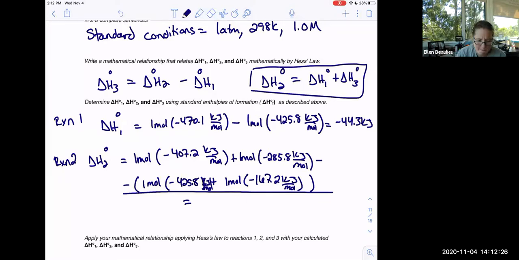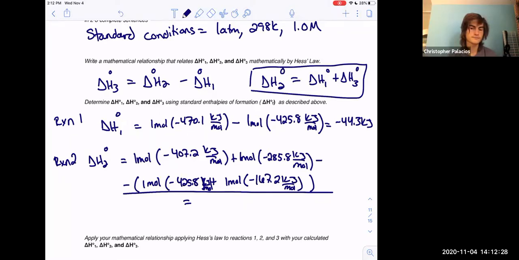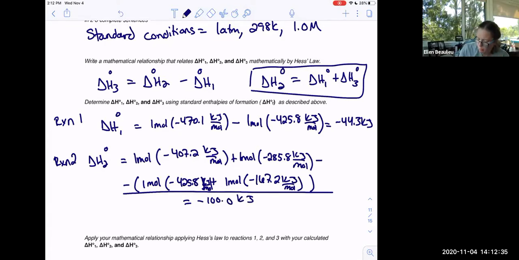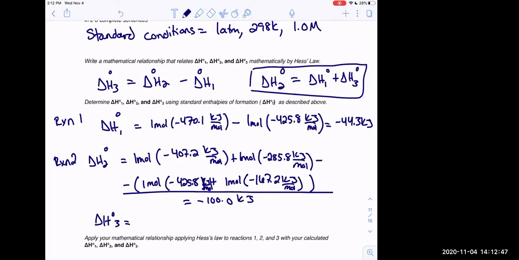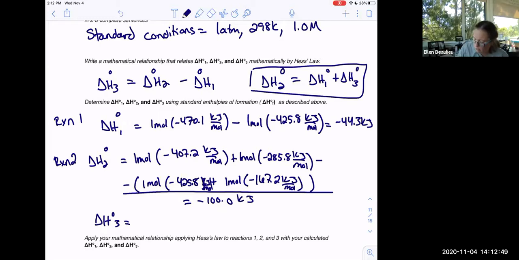Minus 100. That's what I got. But I think you got the other number from the wrong answer that I put before, which was the 470.1. I changed it. I think you still have the old number, so that's probably my bad. Not probably, that was definitely my bad.